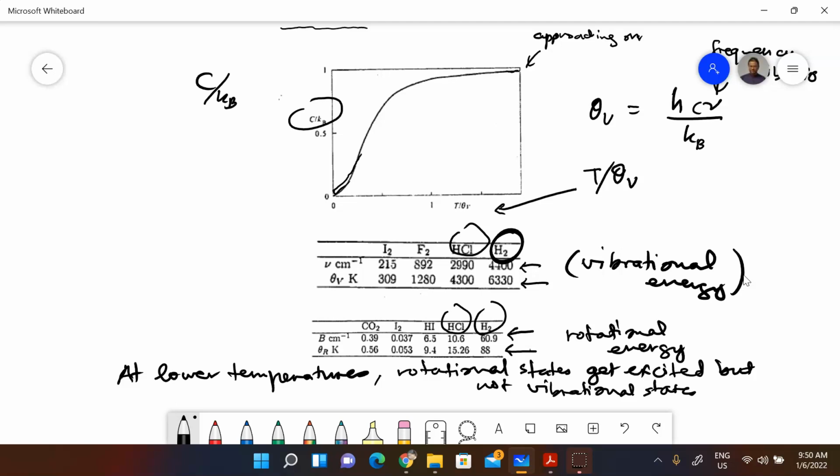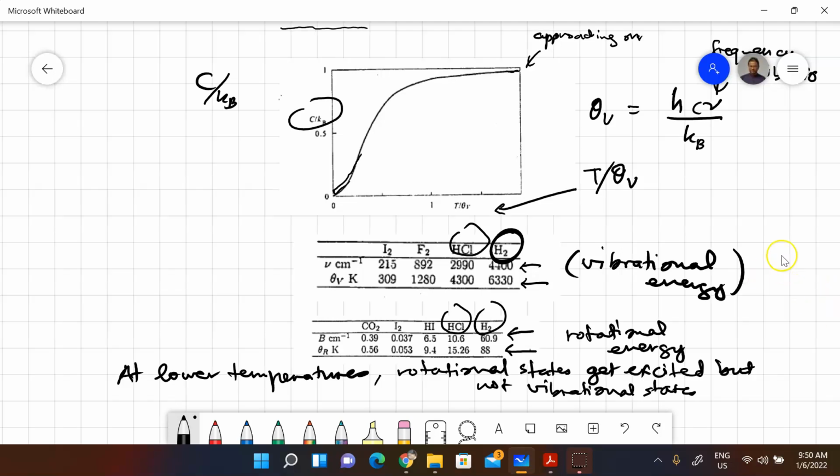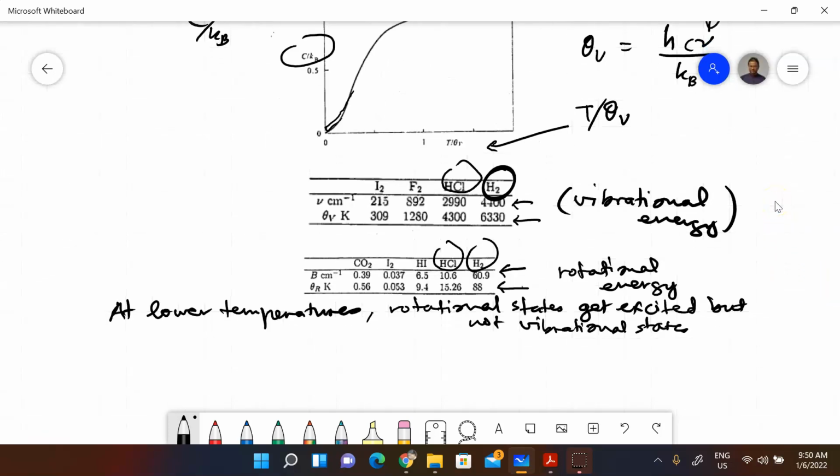Sometimes the book calls it that your vibrational states get frozen. You don't see that. So I think that completes the vibrational case.